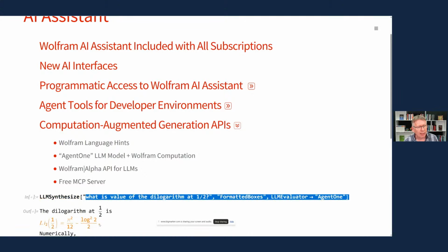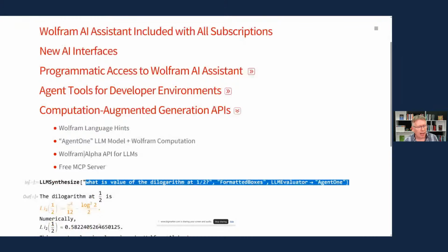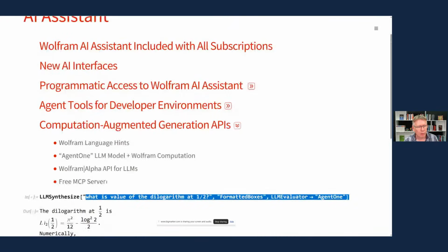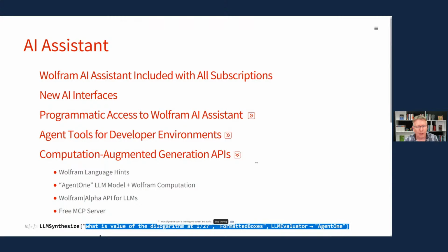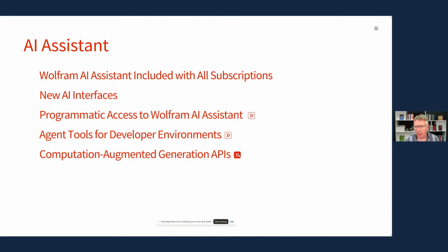That ran that computation as part of that AI endpoint. And there's also a shared free MCP server for more casual use. You want your AI agent just to be able to do maths, you can tell it where to get Wolfram calculations from. But these things are outside of, I'm assuming most of the audience here from the survey are already Wolfram Language users, and so these things are really intended as developer tools for outside. But the first four very much putting AI at the center of your workflow.